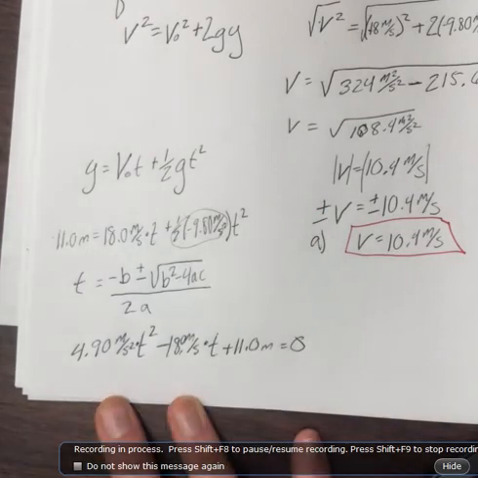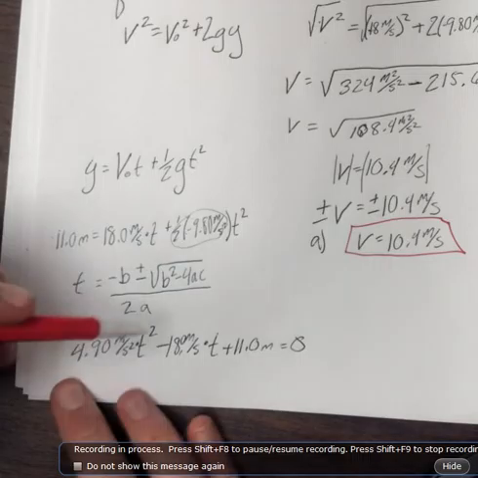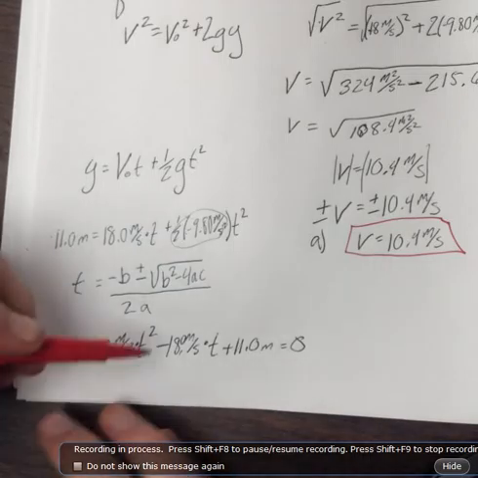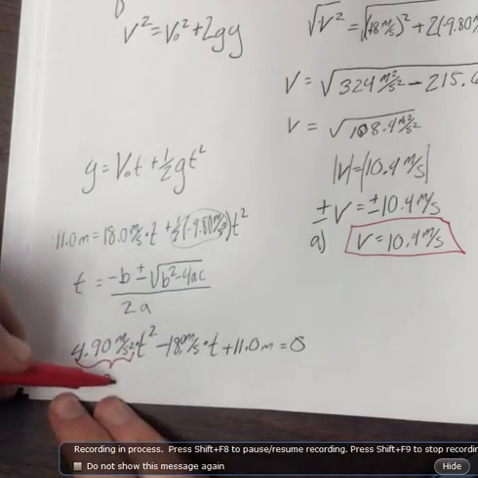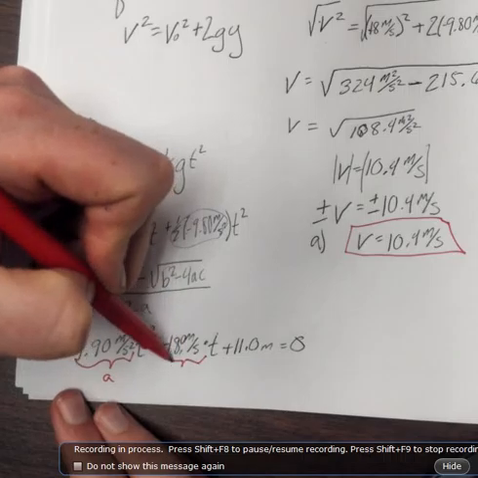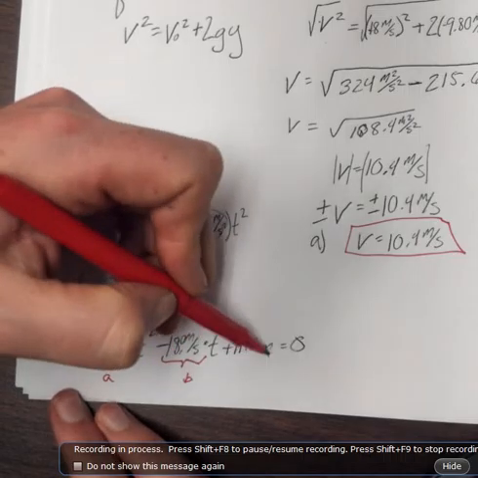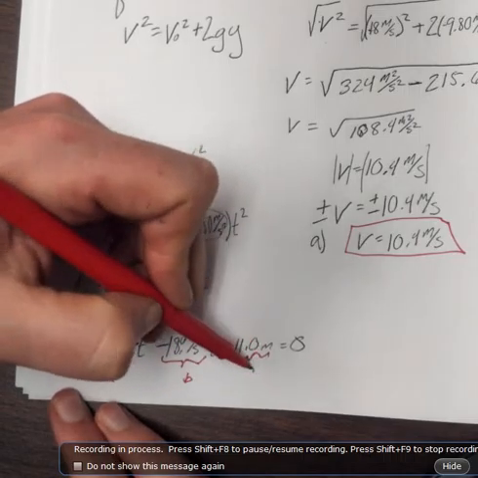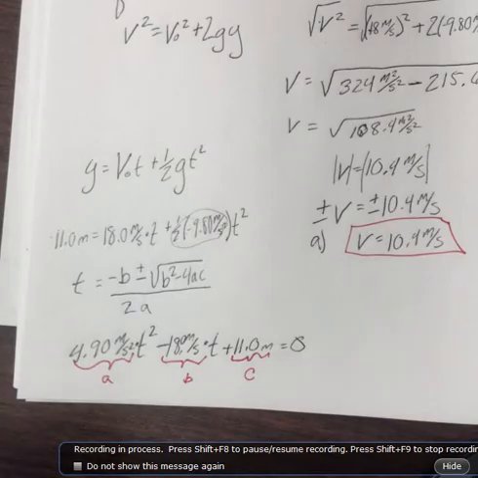Now I have very conveniently my a value, my b value, and my c value. And when I plug them into the quadratic formula, I'm actually going to drop the units. So let's go ahead and do that.